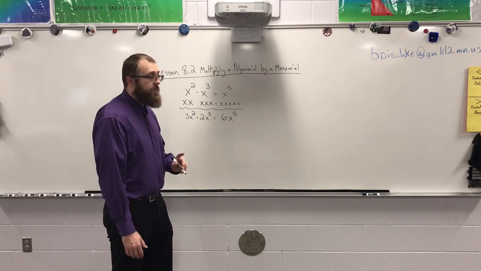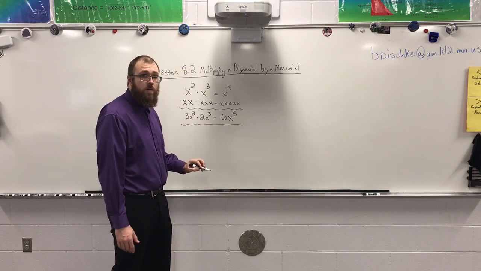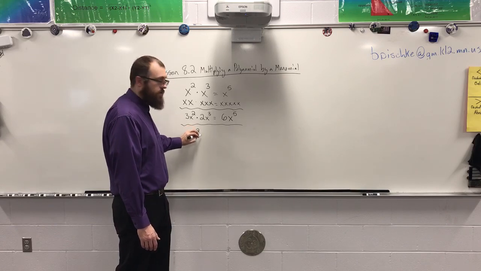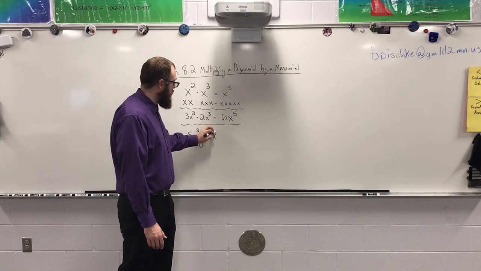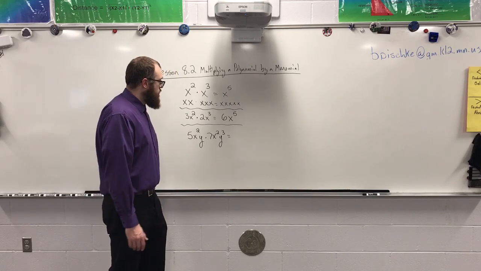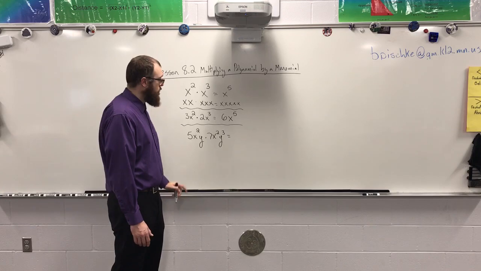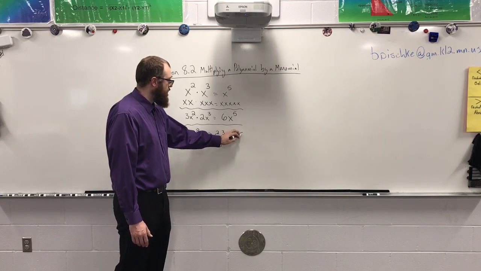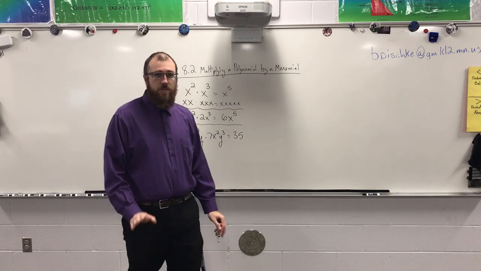Now when we add multiple variables to the situation, step it up one more step to something like 5x squared y times 7x squared y cubed. We're going to multiply the coefficients first. 5 times 7 is 35. Then we're going to add the powers on each variable separately.